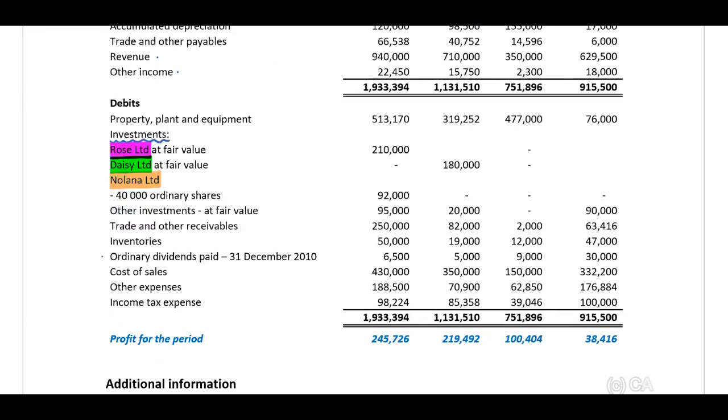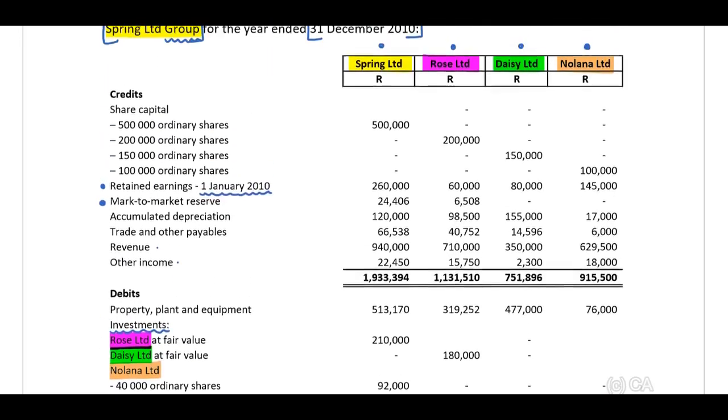When we look at this, guys, immediately we are able to identify in the records of Spring that Spring has an investment in Rose, and then in the records of Rose, Rose has an investment in Daisy of 180,000. Then again, when you look at the column of Spring, we are able to identify that there is an investment in Nulana.